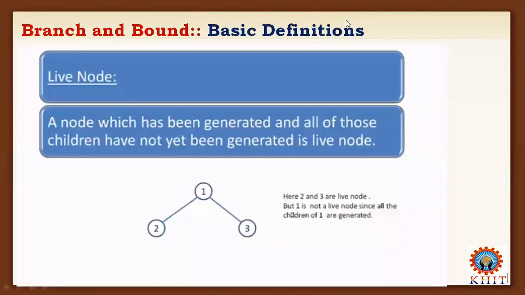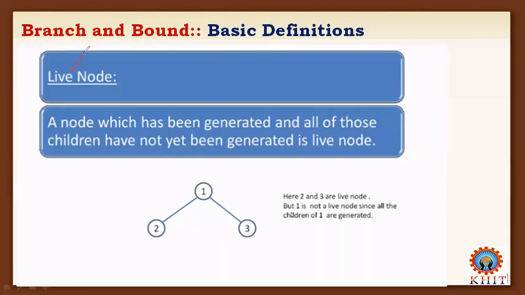Okay. So next, we will discuss some basic definitions. Why we need to learn these basic definitions is, if you want to construct a state space tree by using depth first search and breadth first search, these definitions will play a vital role. That's why we need to define some definitions of nodes here. The first one is live node.